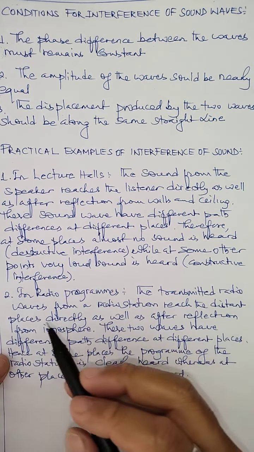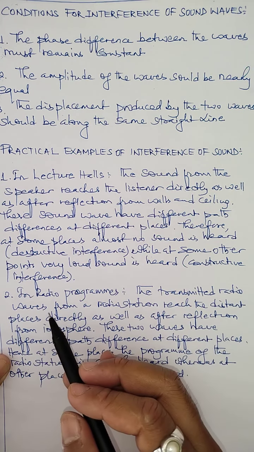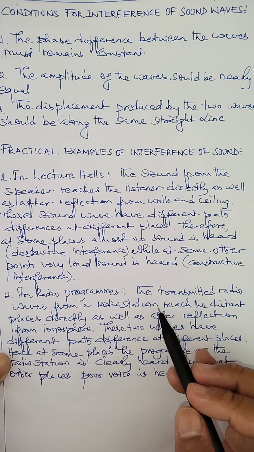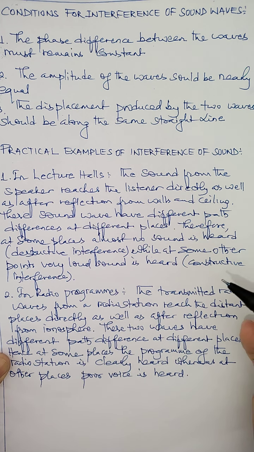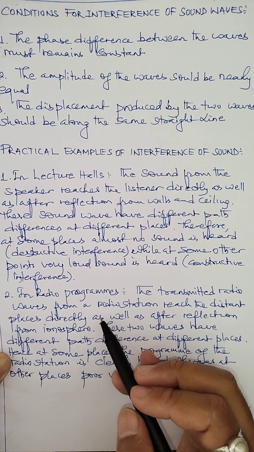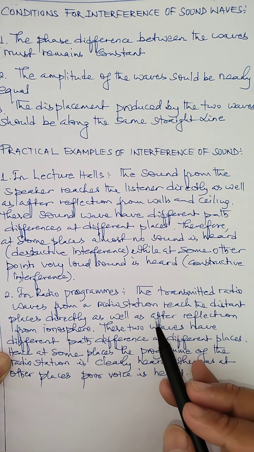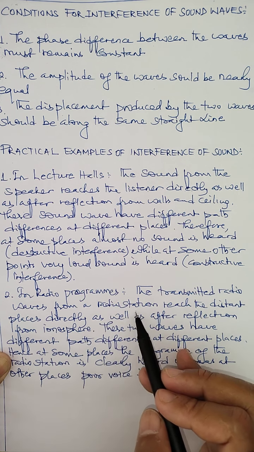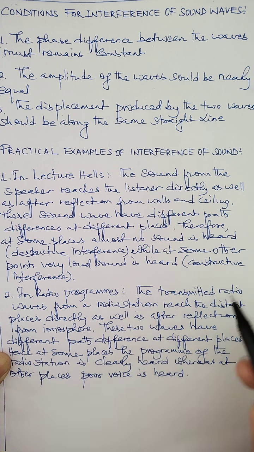Basically, the radio station broadcasts or transmits the radio signal in the form of radio waves, and that reaches distant places, meaning places at a large distance.